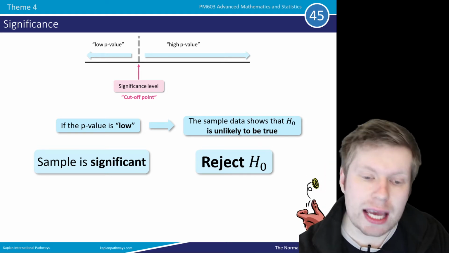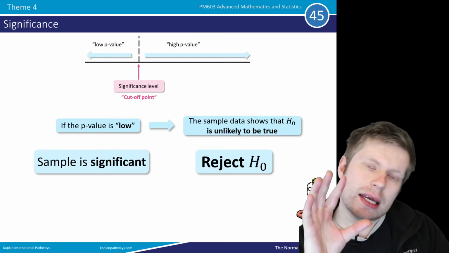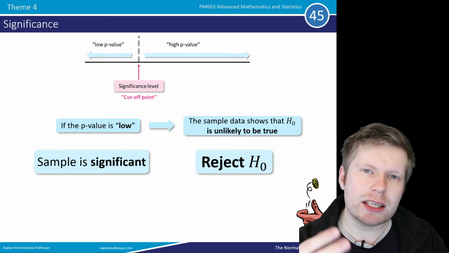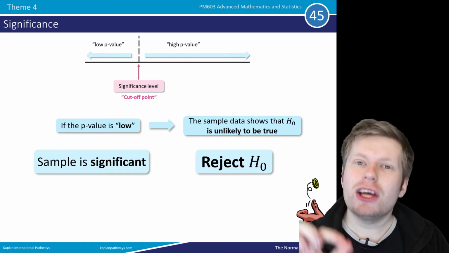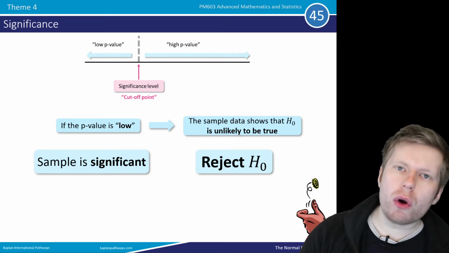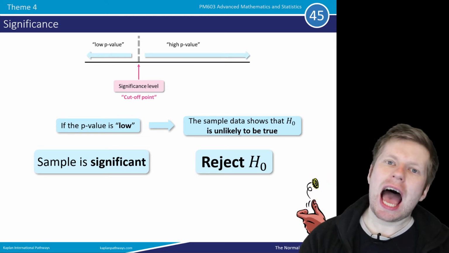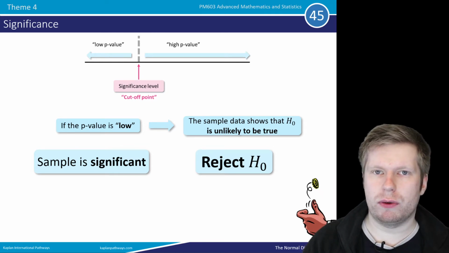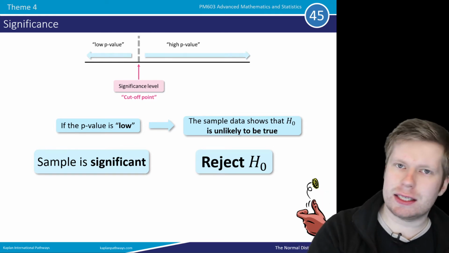Okay, so we say the sample is significant. Now this is really important as well. When you're talking about statistics, you can only ever use the word significant in this context. In other words, you've taken sample data, and you've said, my p-value is less than my significance level, okay? That's what significant means in statistics.